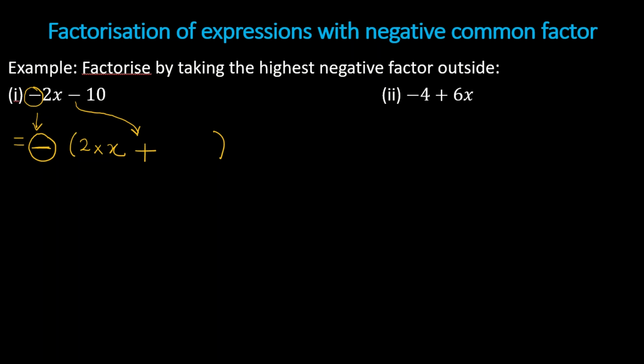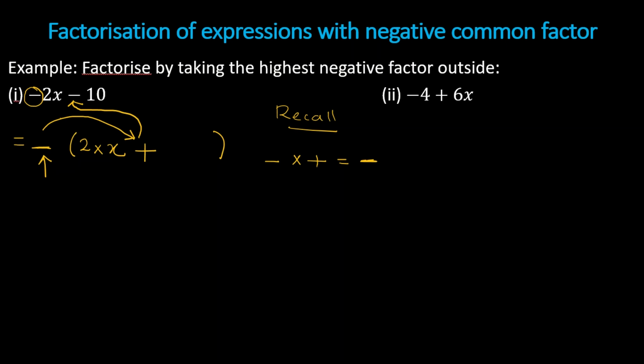Why is it going to change to positive? Because you already know from your knowledge of integers from grade 7 that minus times plus gives minus. Since we have a negative outside the bracket, it is minus times plus, and this is going to give minus.